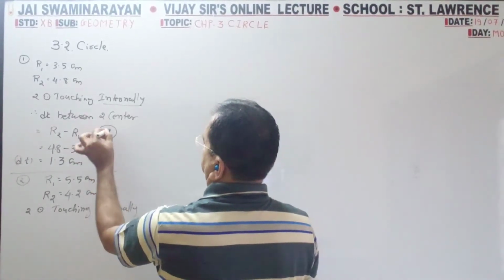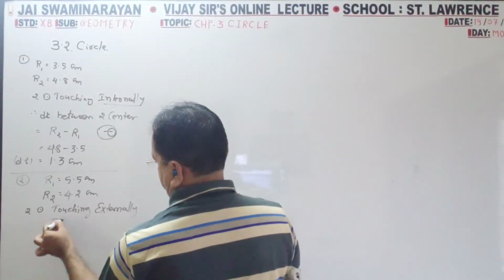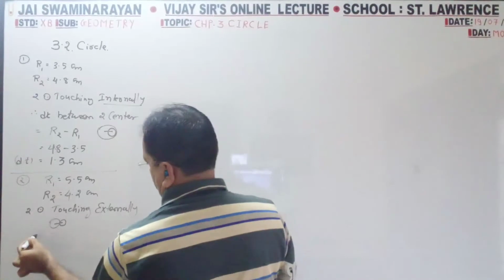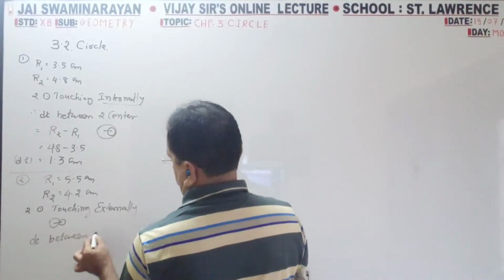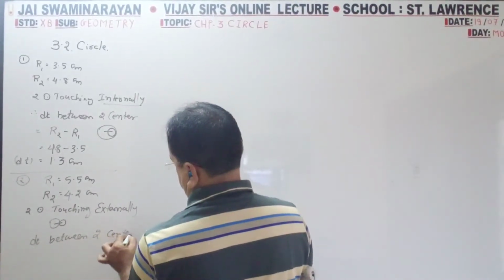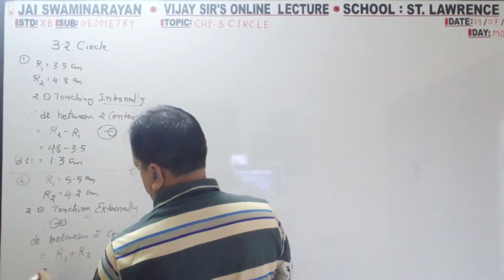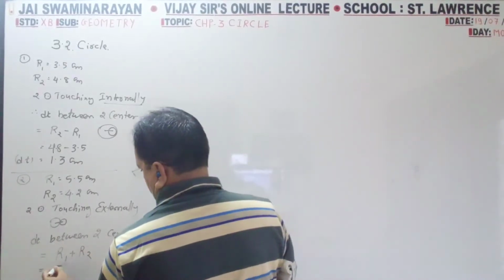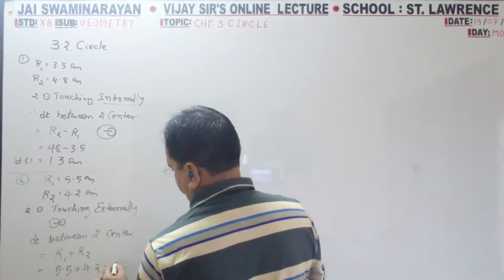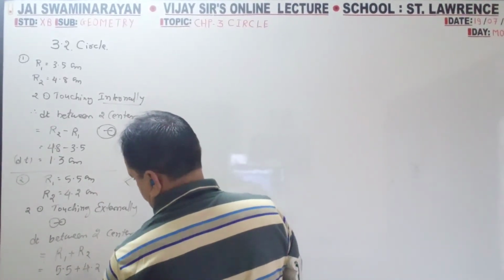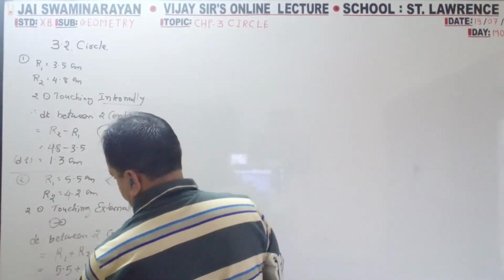Externally means like that. So distance between two centers is equal to R1 plus R2. So 5.5 plus 4.2 is 9.7 centimeter. This much is 9.7 centimeter.